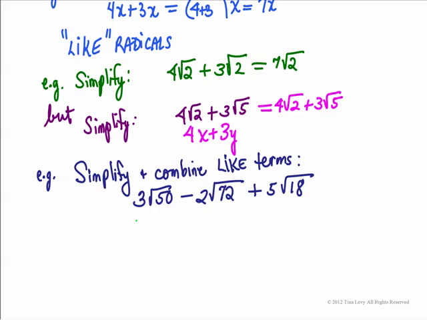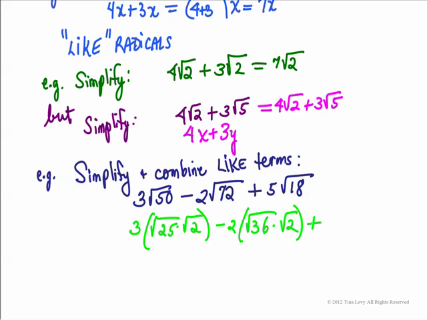Looking at this, they're not the same, but I can see that the square root of 50 is the square root of 25 times the square root of 2. And then 2 square root of 72 is the square root of 36 times the square root of 2. And then 5 times the square root of 18 is the square root of 9 times the square root of 2.